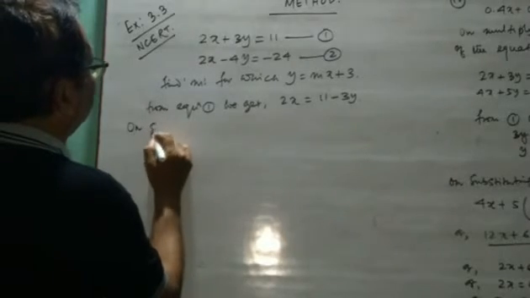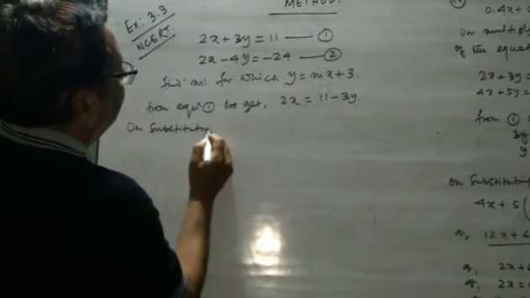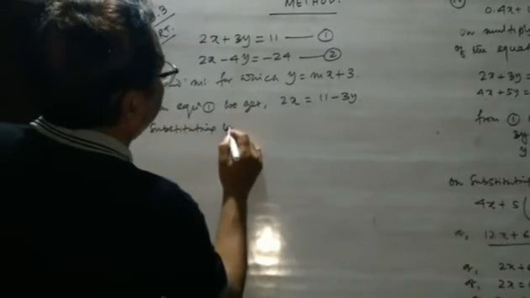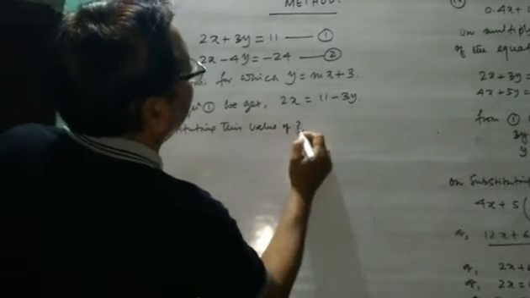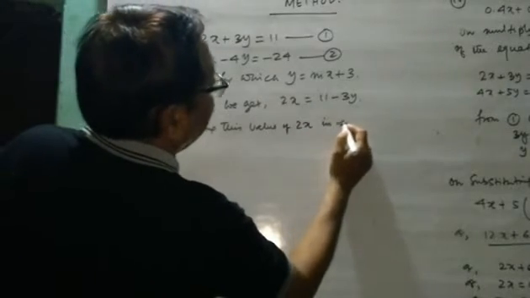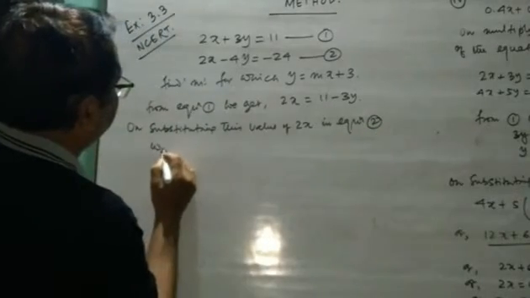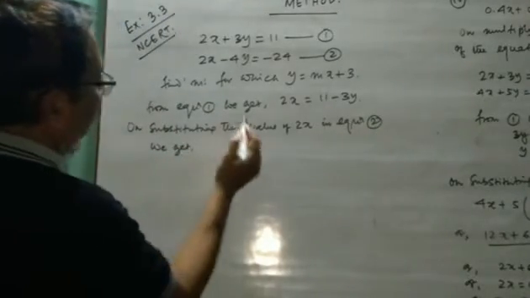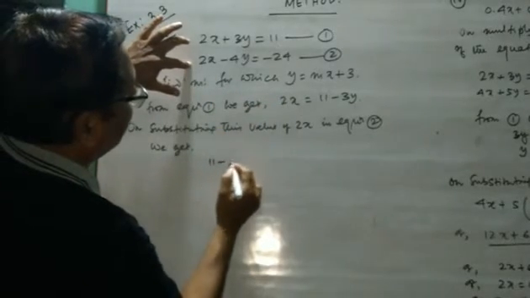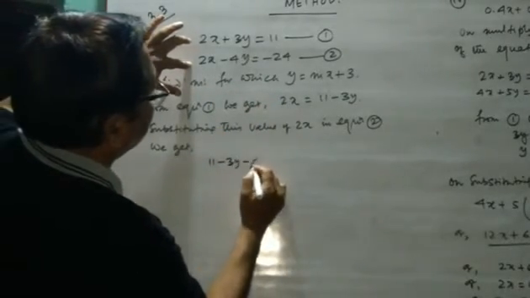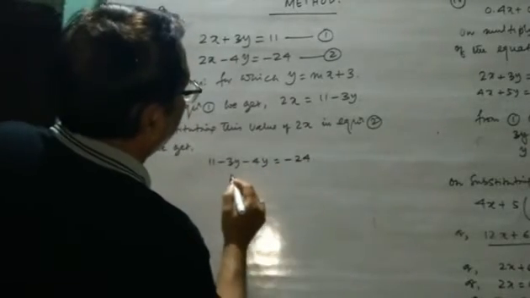On substituting this value of 2x in equation 2, we get, in place of 2x, 11 minus 3y minus 4y is equal to minus 24.